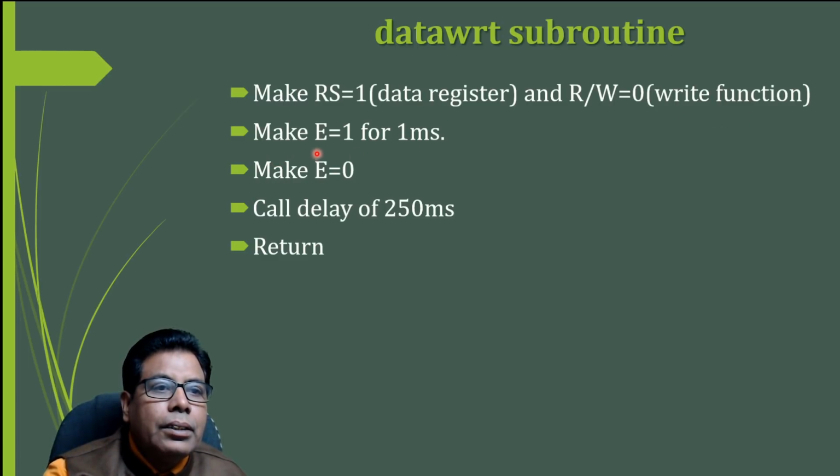Then make E equal to 1 for 1 millisecond, and make E equal to 0, that is, we'll have to make it high and then low. Then we have to call the delay of 250 milliseconds, because once this operation is done, the LCD will not do anything, and then again return to the main program. So that will be the function of the data write subroutine. It will write the data in the data register of the LCD.